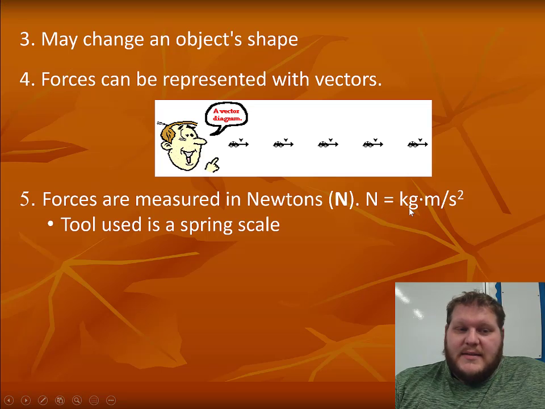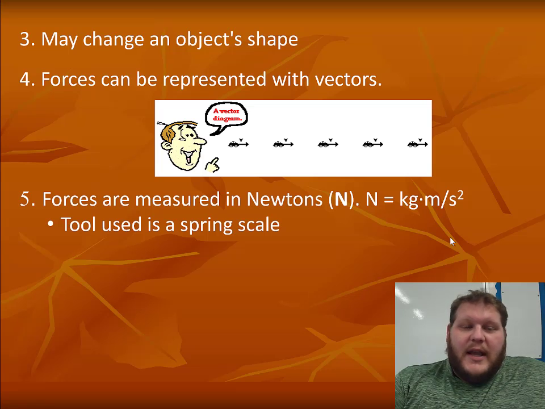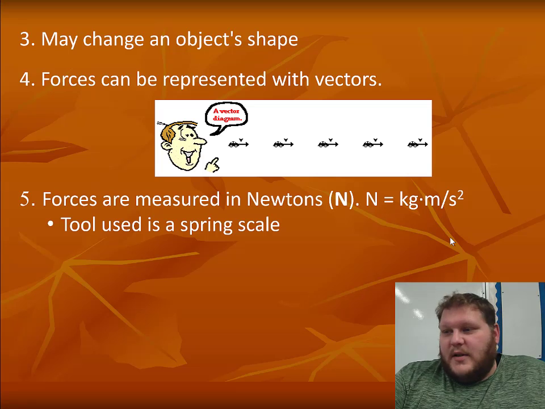Here we represent mass in standard units in kilograms, acceleration in meters per second squared. So newtons are just that standard unit for those two combined. We can use a spring scale to measure them, looking at the resistance it takes in order to apply the different force.